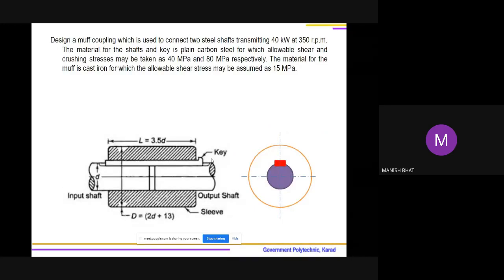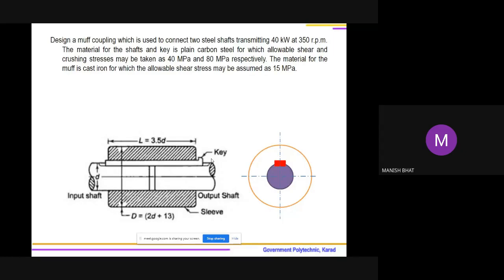To understand the coupling, we will solve one problem based on this sleeve or muff coupling. The data is given: we are supposed to design a muff coupling used to connect two steel shafts transmitting 40 kilowatt at 350 RPM.